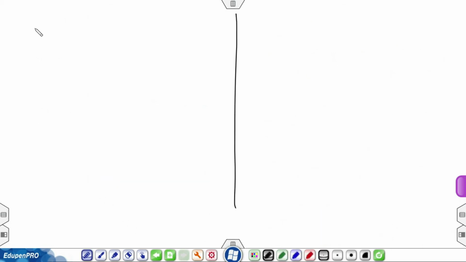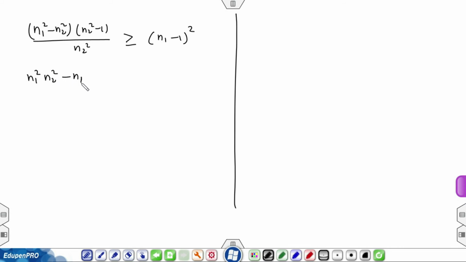So, I have (n1² − n2²)(n2² − 1) divided by n2² should be greater than or equal to (n1 − 1) whole square, or n1² n2² − n1² − n2⁴ + n2² should be greater than or equal to n1² n2² + n2² − 2 n1 n2².